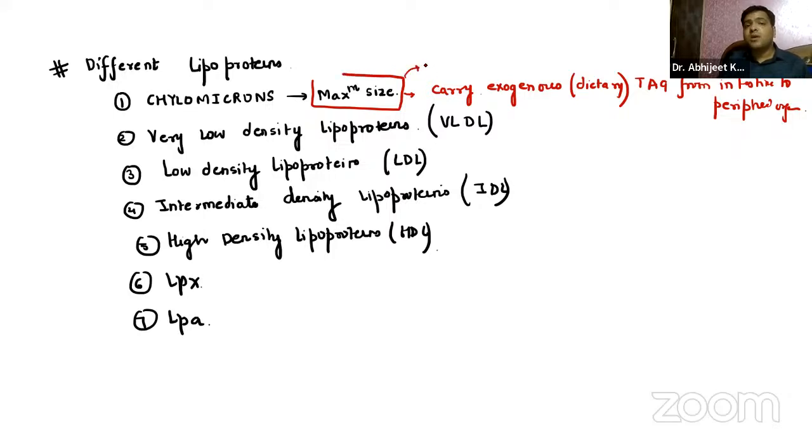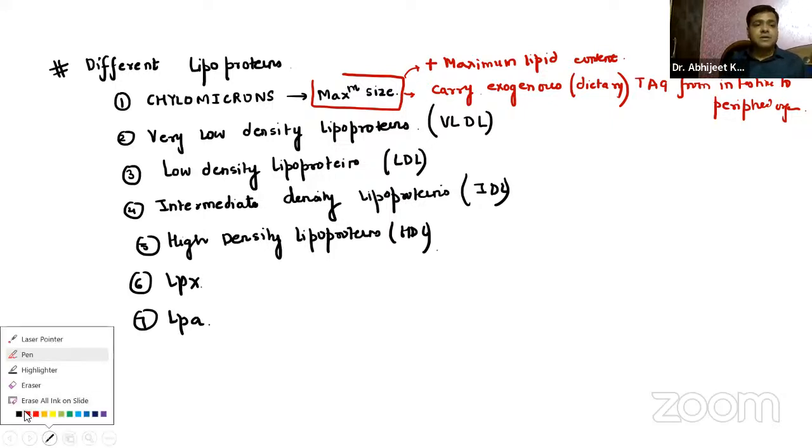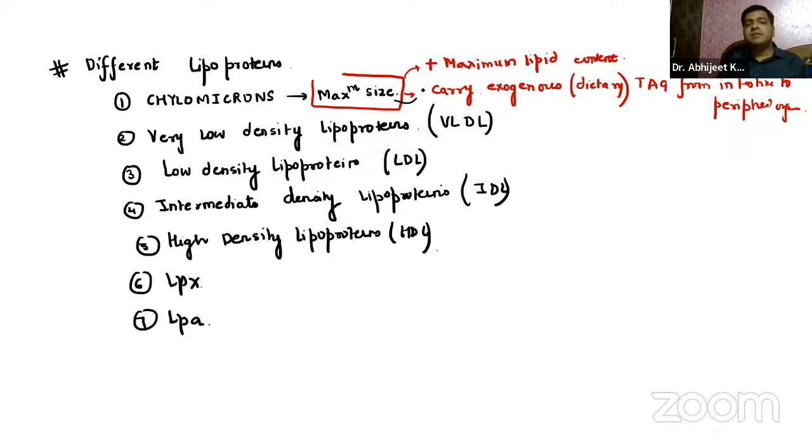Apart from that, one important viva question that they have been asking: these chylomicrons also have maximum lipid content. That's why, with maximum size and maximum lipid content, they have the least density.